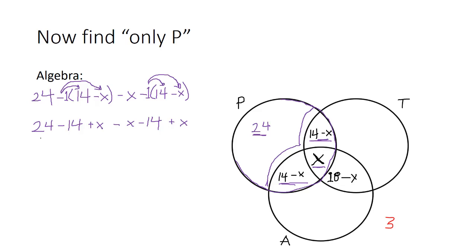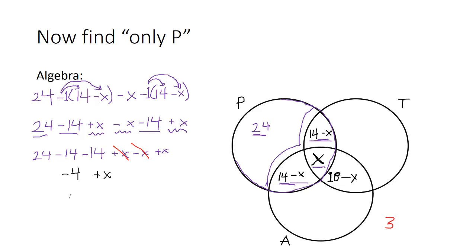Let's group the like terms together. We have our constants, 24 minus 14 minus 14. Then our x's: plus x minus x plus x. Now we can see that once again, two of those x's are going to cancel themselves out. 24 minus 14 is 10, minus 14 is -4, plus x.